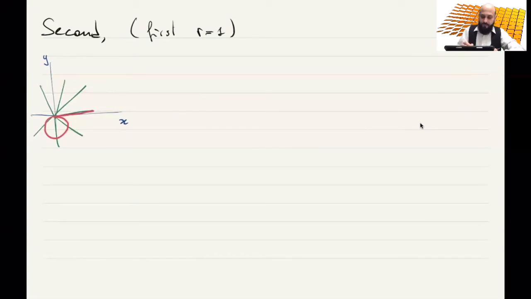Therefore, I claim that, let's say we want to use less than half of the length.